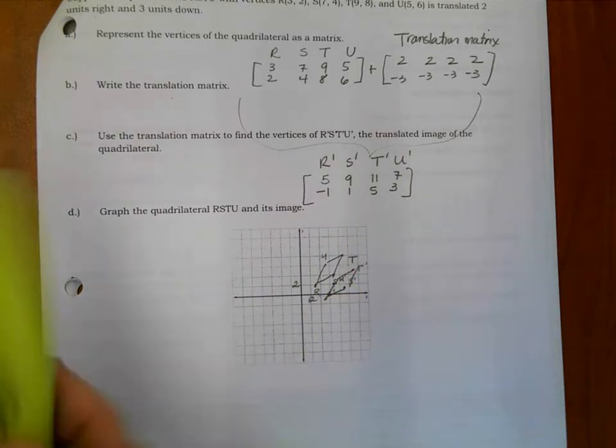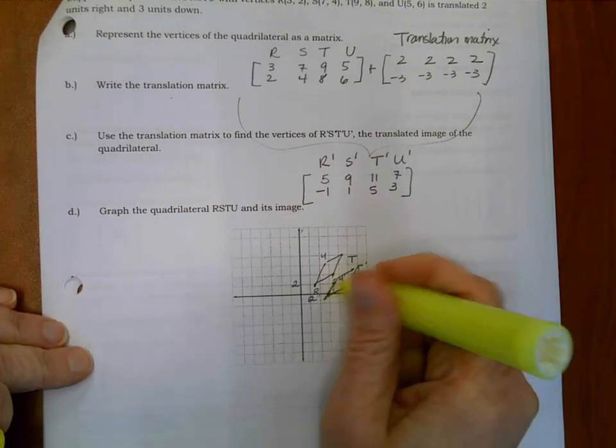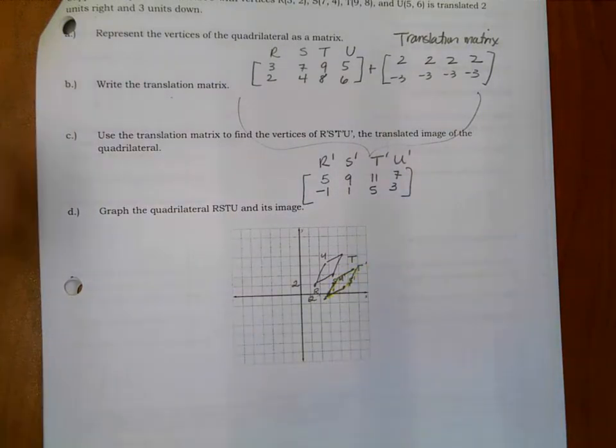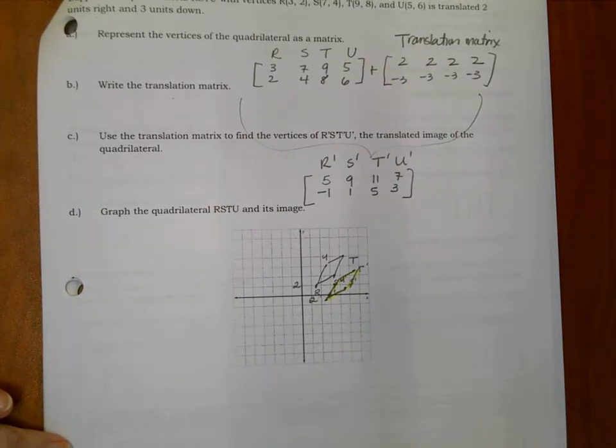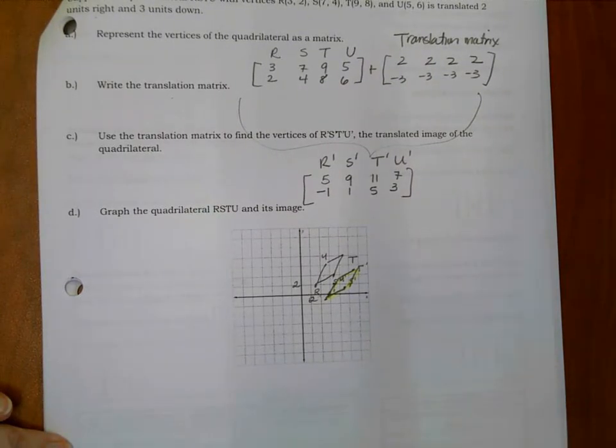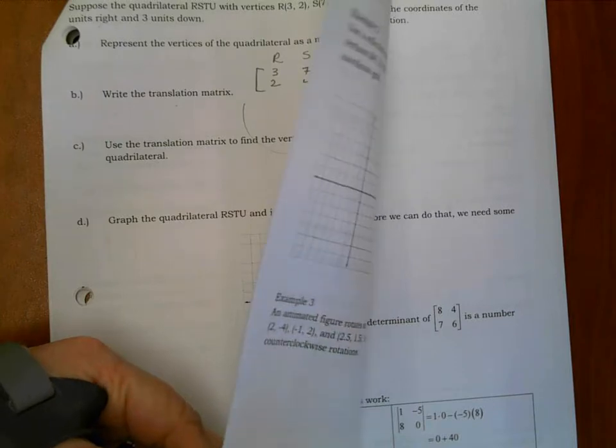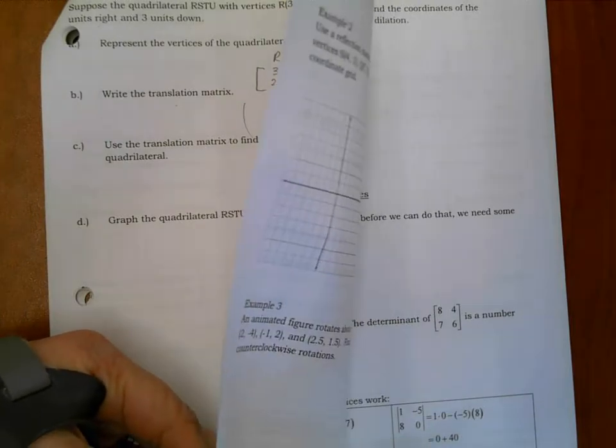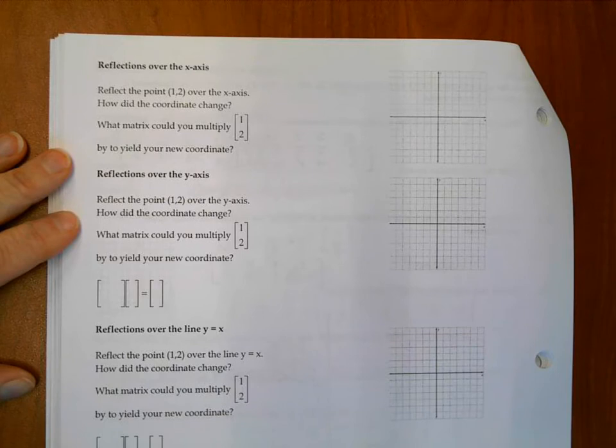So I've got my pre-image and my image. Okay, so now we're going to get into the reflections and the rotations. So to do this, we're going to do a little bit of an investigation.